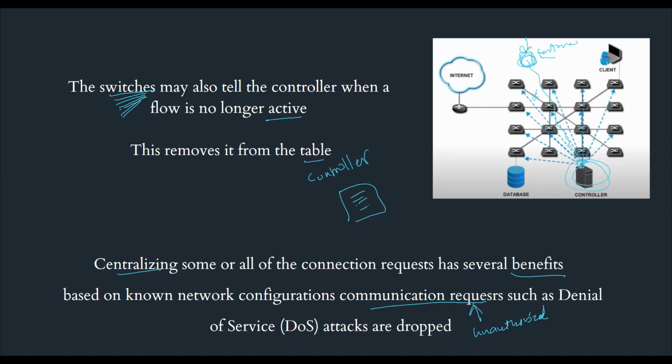So any communication requests made by this kind of router will not be taken into consideration and will be rejected by the controller. In that case, we can reduce the unnecessary traffic caused by these unauthorized devices. The unnecessary traffic caused by these unauthorized routers is called a denial of service attack.